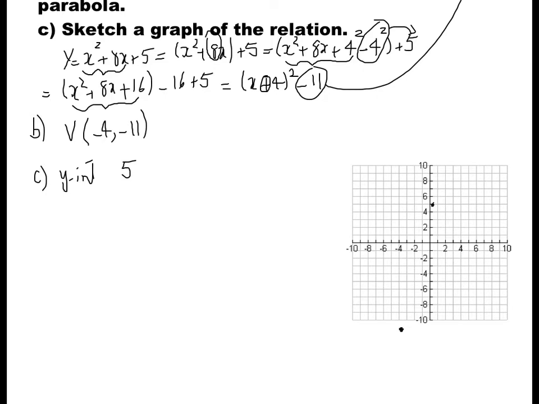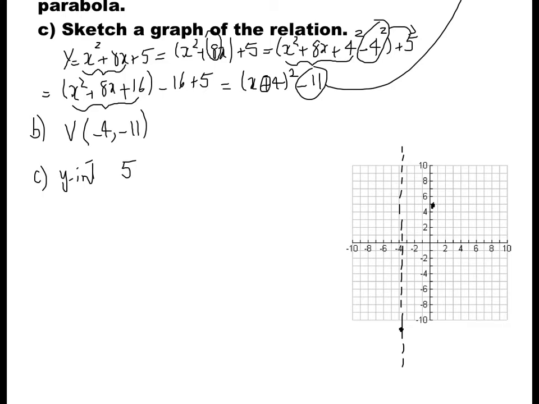The axis of symmetry is x equals negative 4, and since the parabola is symmetric about the axis of symmetry, the other point is going to be 4 units to the left of the axis of symmetry.